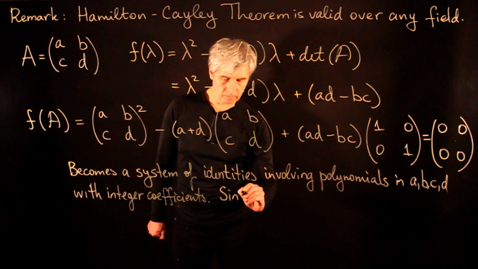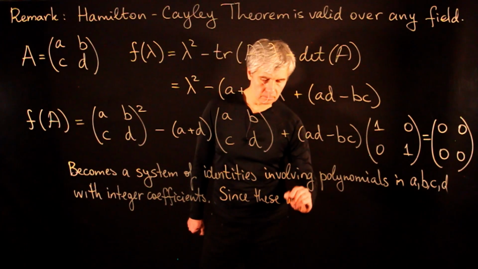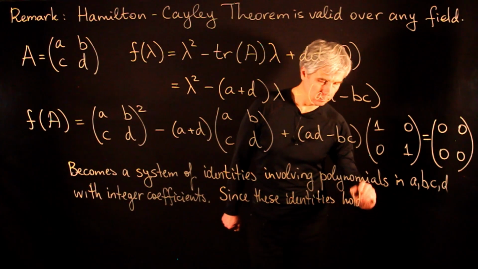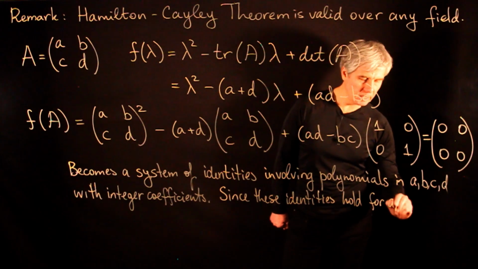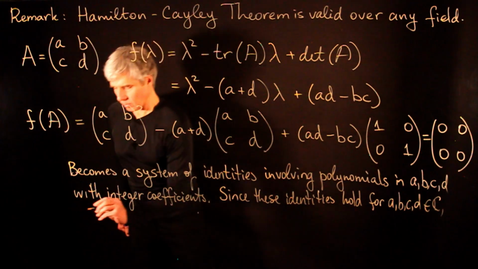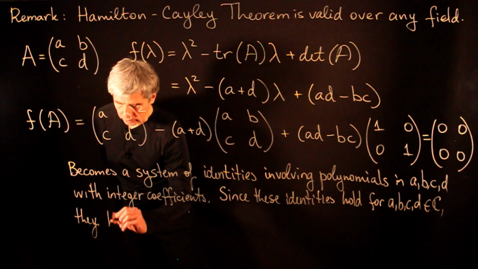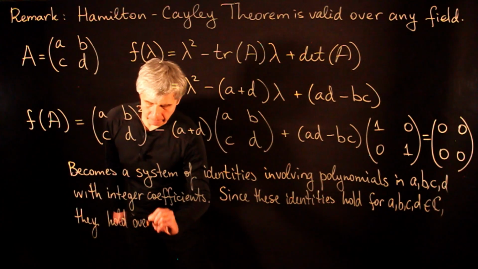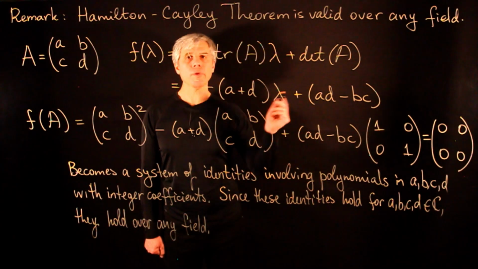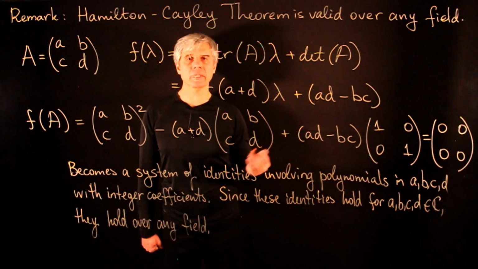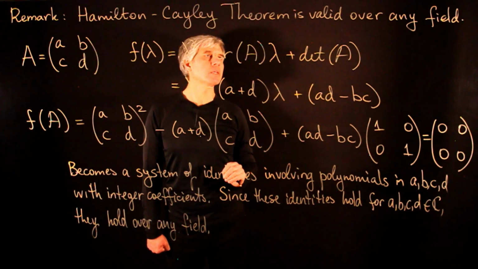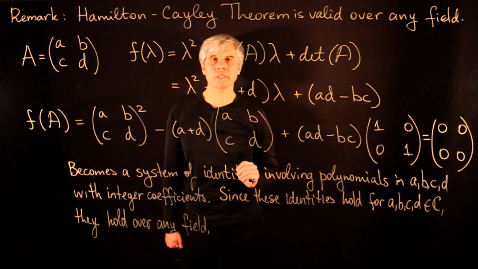Since these identities hold for a, b, c, d in complex numbers, they hold over any field. And although our proof involved techniques that are valid over complex numbers, the claim of the Hamilton-Cayley theorem is valid in a far more general context.